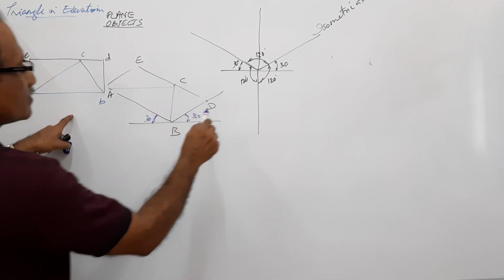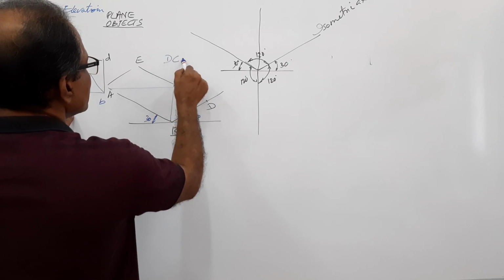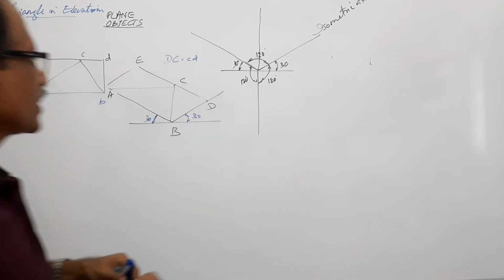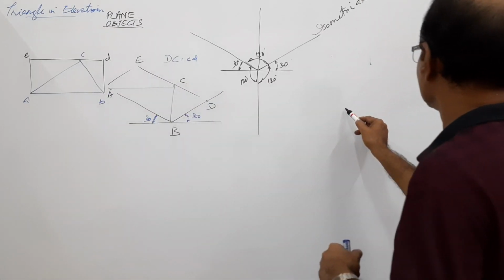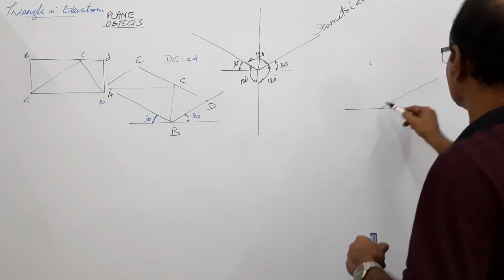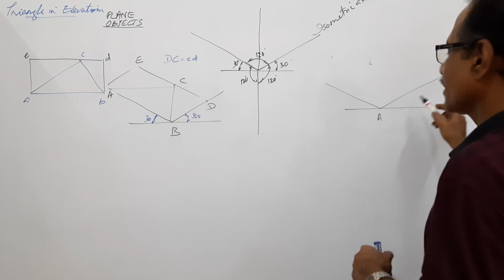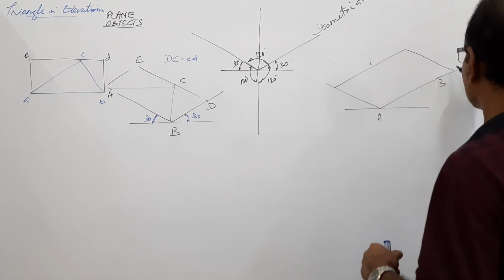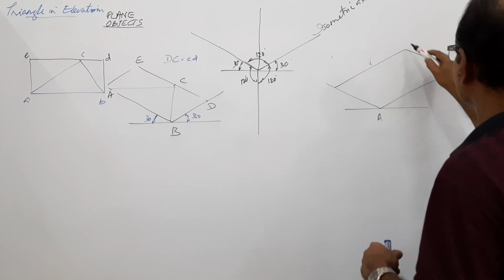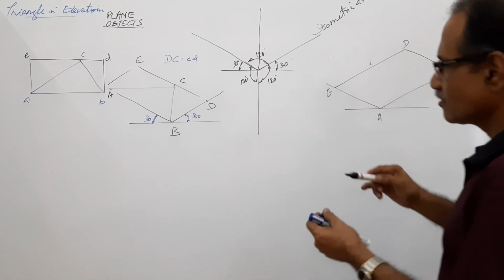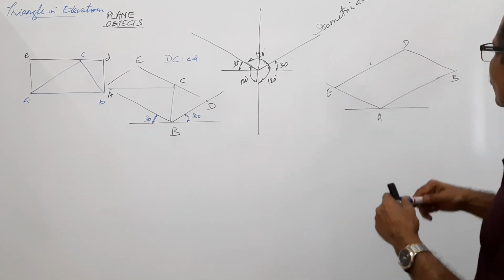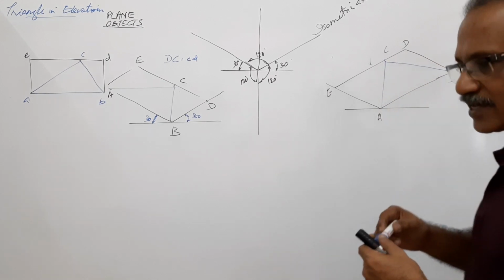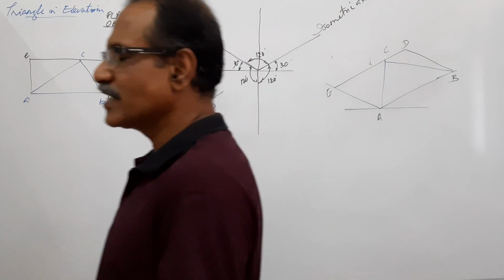DC equals small cd. Again, you can draw to the other side. A, B, D, E, C. ABC is the triangle seen in the plan.